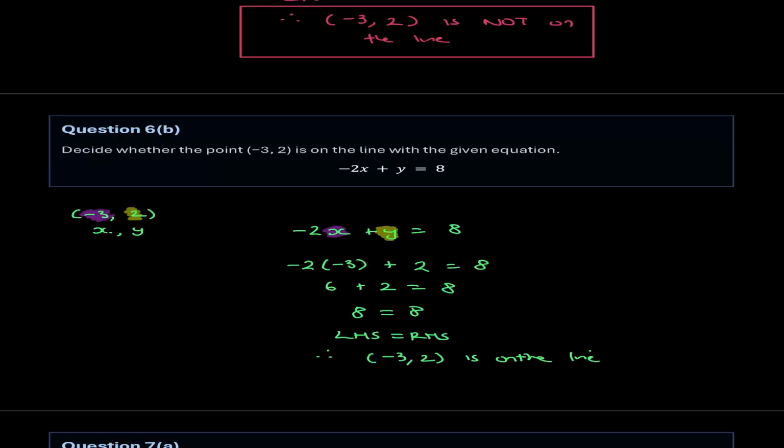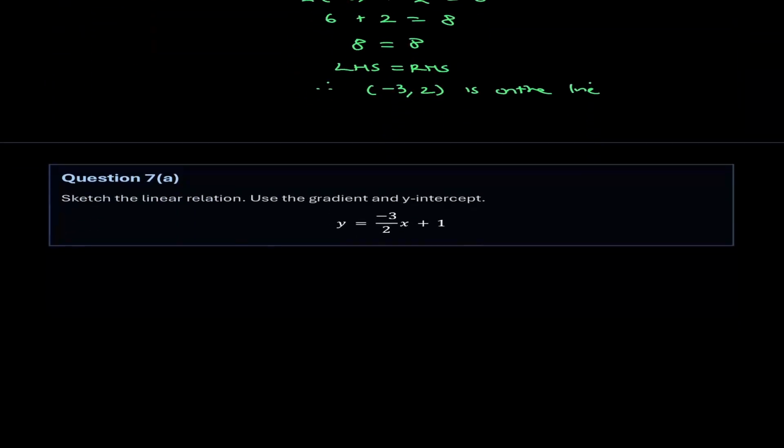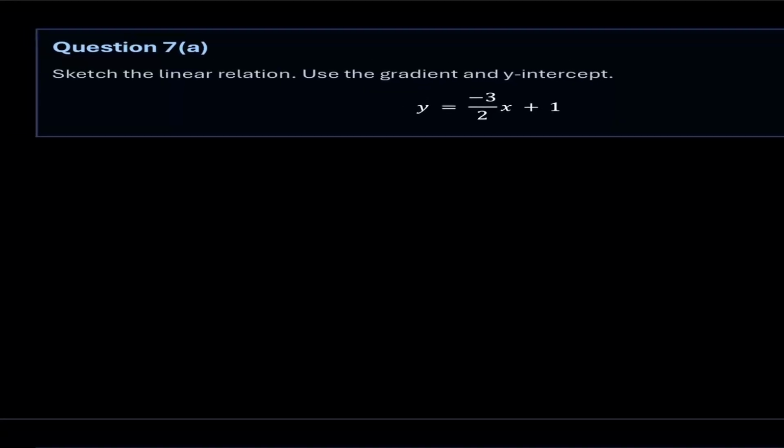Okay, let's try this one. It asks us to sketch this linear graph, this linear relationship, using the gradient and y-intercept. So let's go through this. We've got y equals -3 on 2 x plus 1.